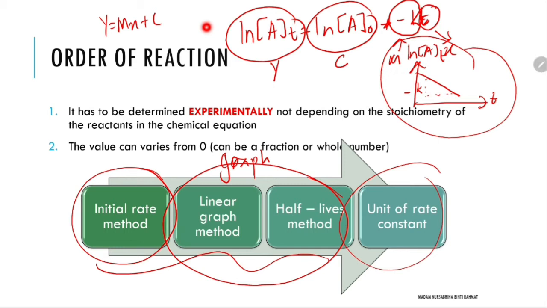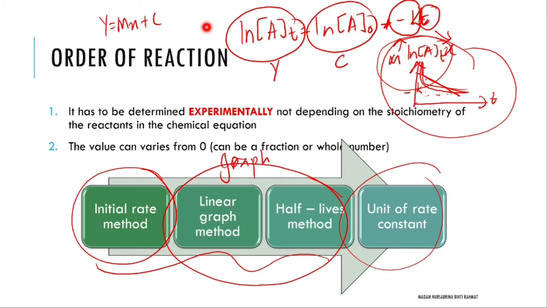But if we plot ln At versus time with the same data and we don't get a straight line, but a different kind of graph, a curve, that means the integrated rate law formula does not fit the order of reaction for that reactant. That means the reactant is not first order.